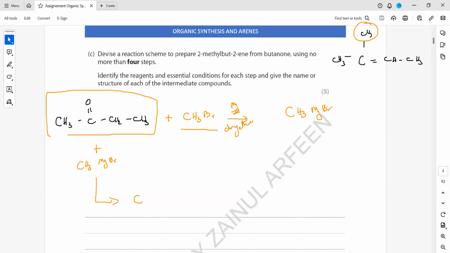This will form 2-methyl butane-2-ol. It will turn into an alcohol, CH3, CH2 and CH3. Because we use dry ether, the ketone is reduced, converting into an alcohol, and because of the presence of the Grignard reagent, the branch is also added.